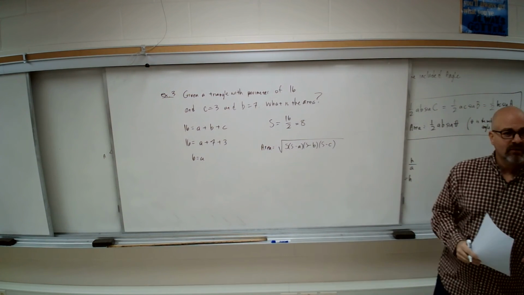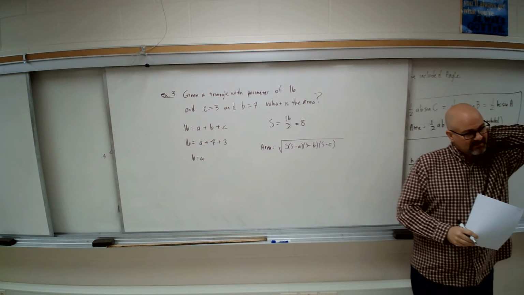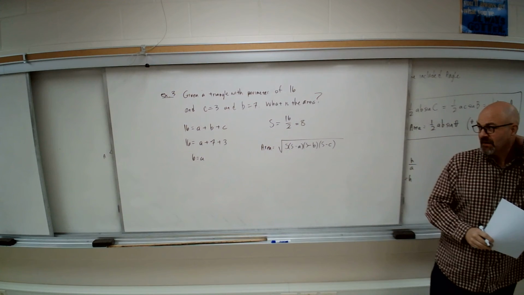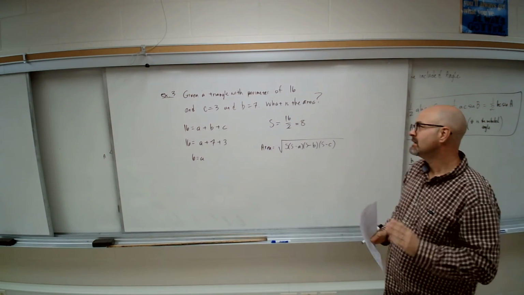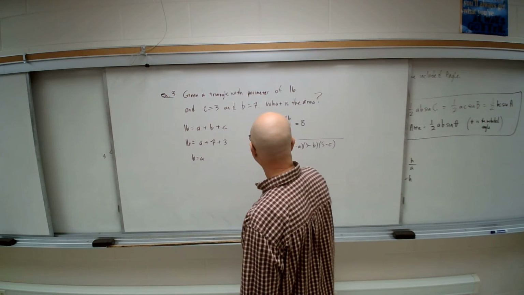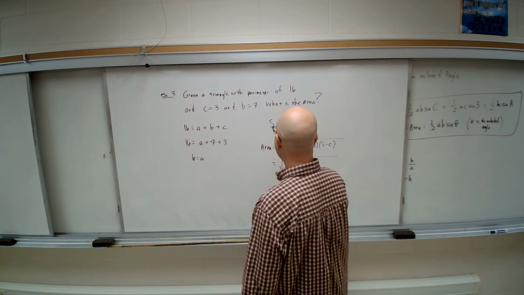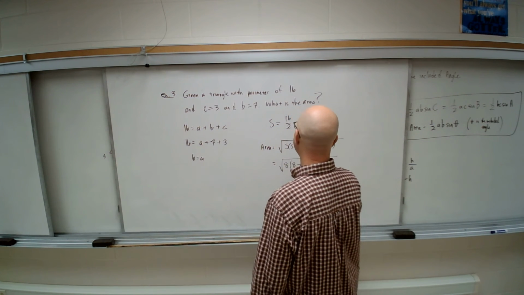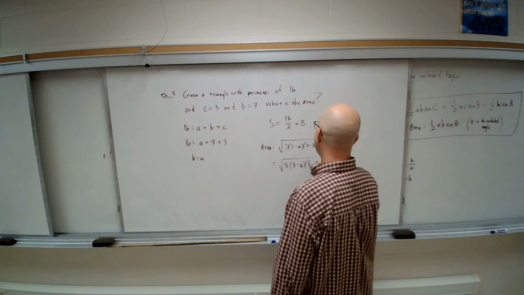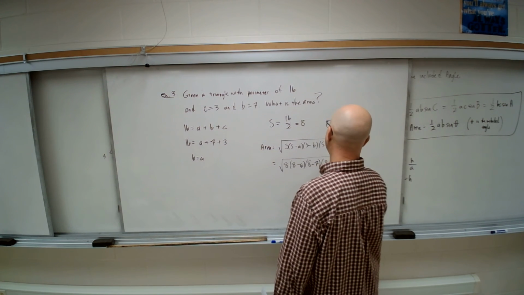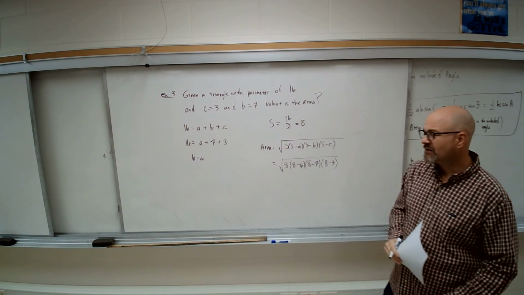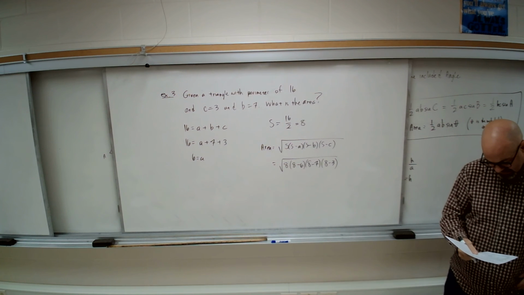So it's semi-perimeter minus A, S minus B, S minus C, all multiplied together. So in this case, we get 8, 8 minus 6, 8 minus 7, 8 minus 3. When they're small like this, you could actually probably find an exact answer if you wanted to.